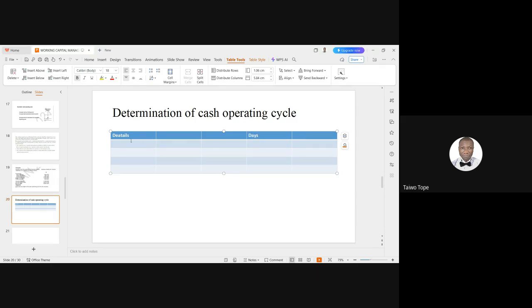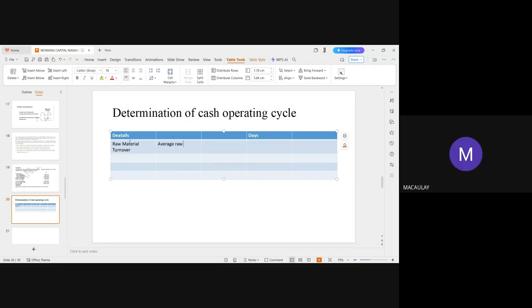Now, first, the raw material turnover. The formula is what? Based on what we have now, what are we going to do? Average raw material inventory divided by what?